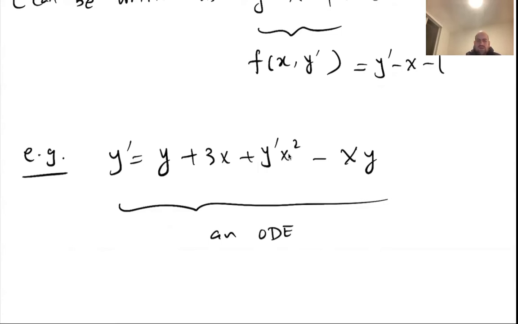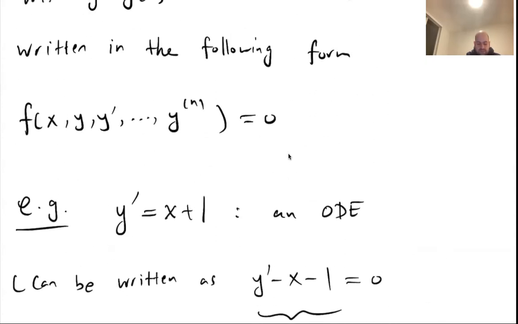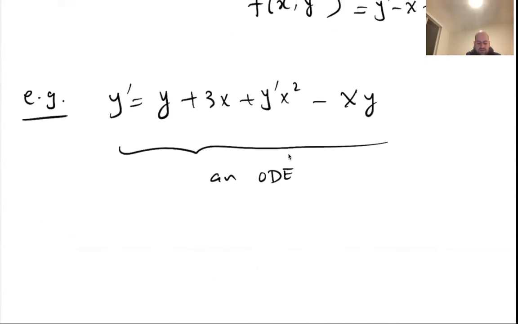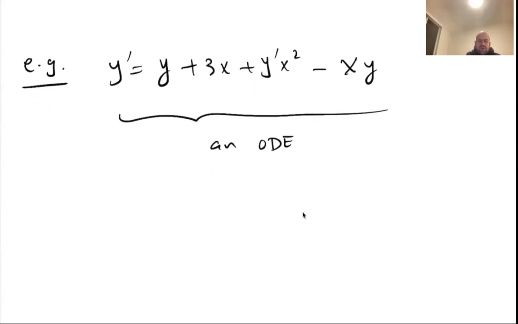Again, you can easily find out what f is. If you take everything to one side, one side becomes 0 and the other side becomes a function of, in this case, x, y and y prime, right? So these are some examples of ODEs.